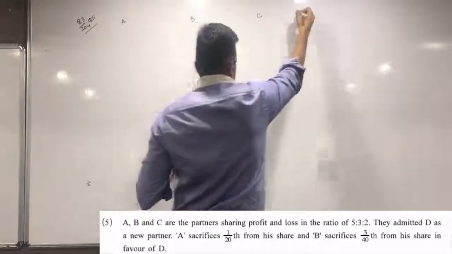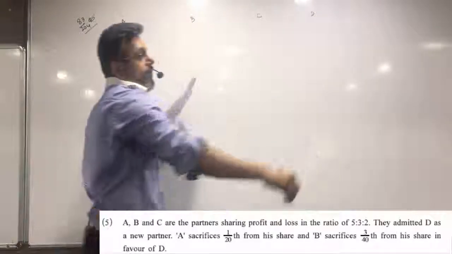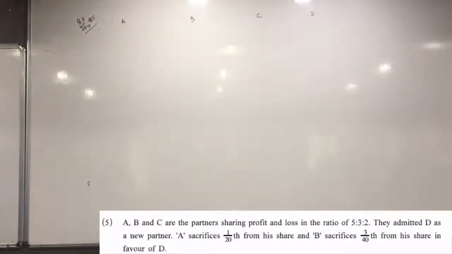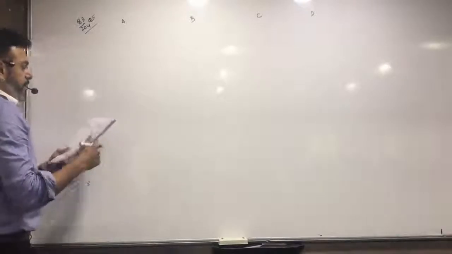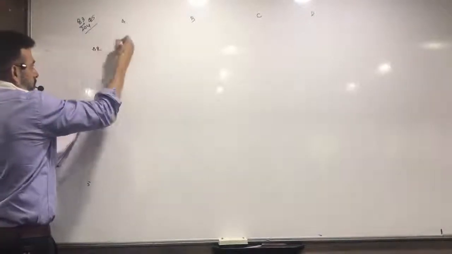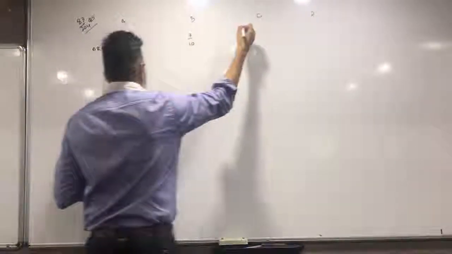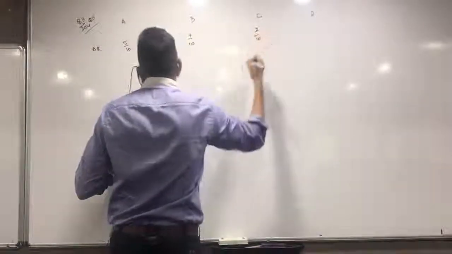So D is new. Try, it is similar. Now here there is no sacrifice of C at all. A, B and C. Now old ratio is 5 by 10, 3 by 10 and 2 by 10.